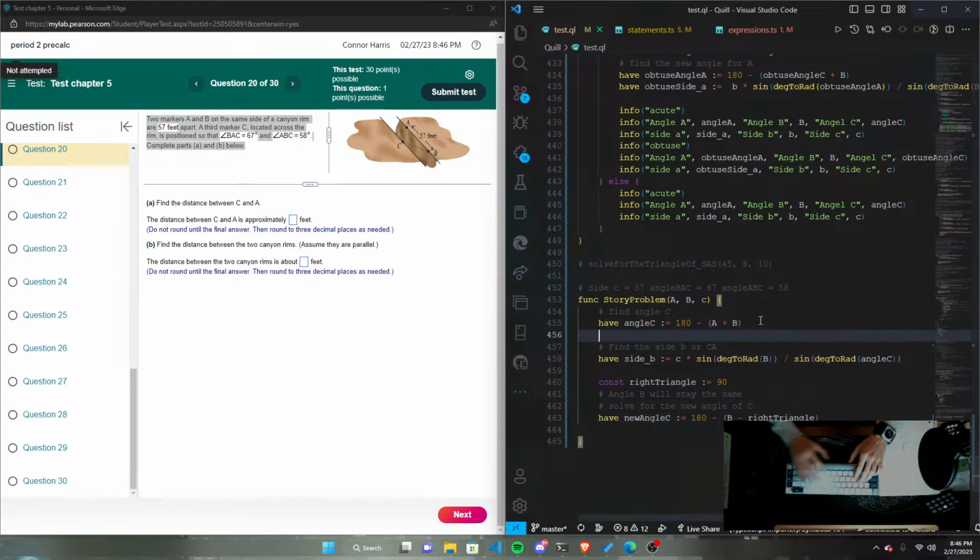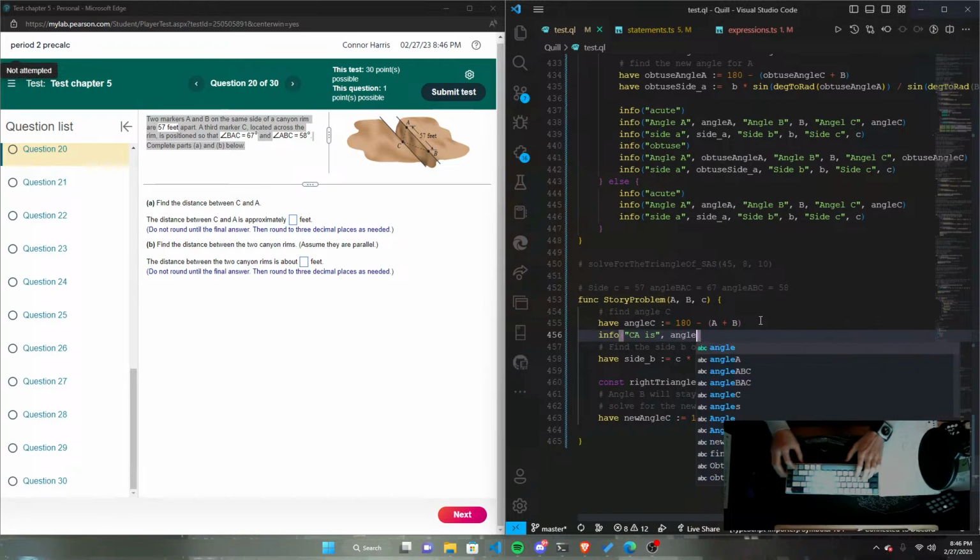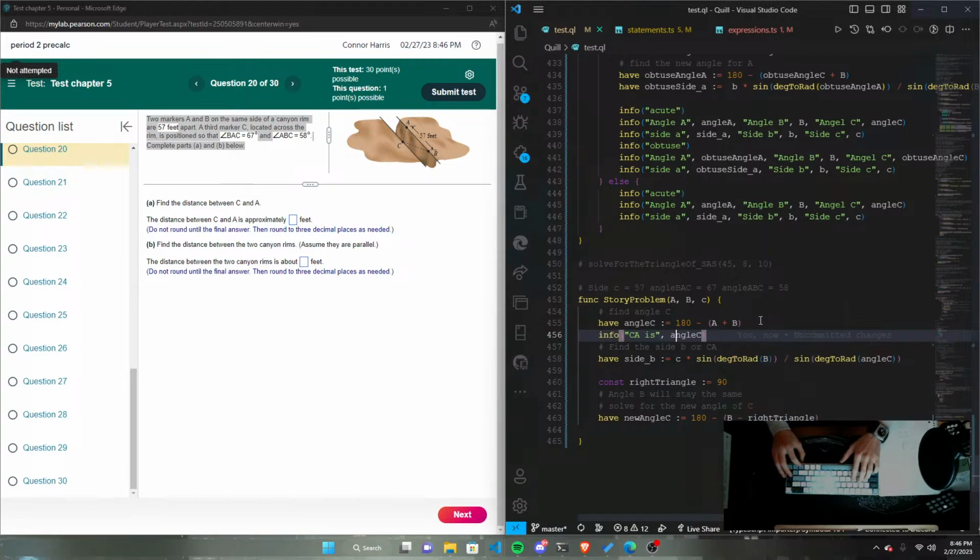Let's actually info this. So info will say that the C to A is, and we'll have angle C, right?